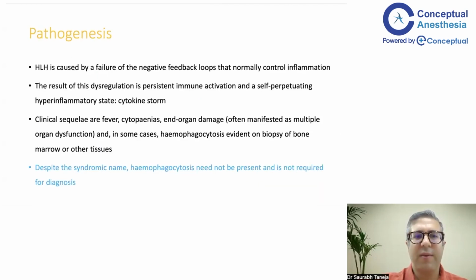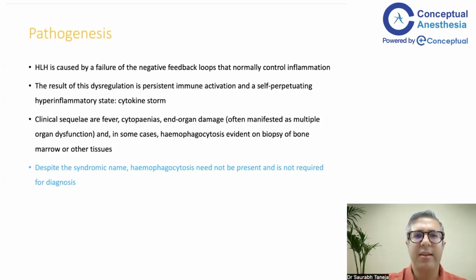It is caused by a failure of the negative feedback loops that normally control inflammation. The result of this dysregulation is persistent immune activation that is self-perpetuating. Self-perpetuating means that it can go on by itself in a circular fashion, a hyperinflammatory state, which can eventually lead to a cytokine storm.